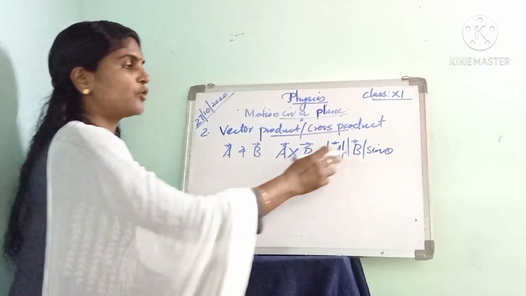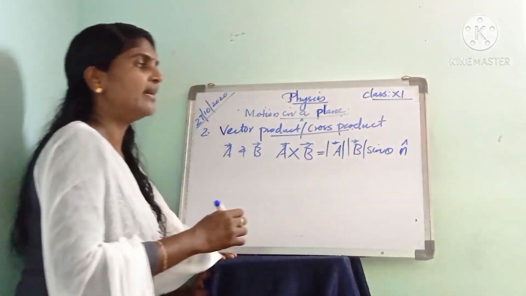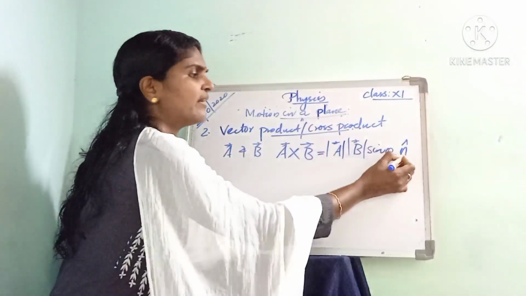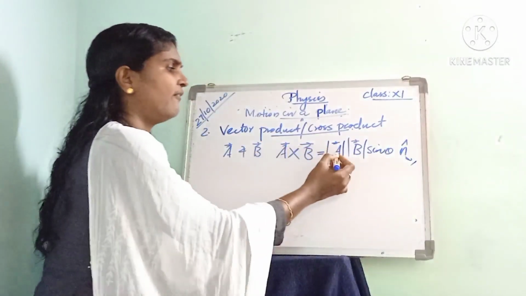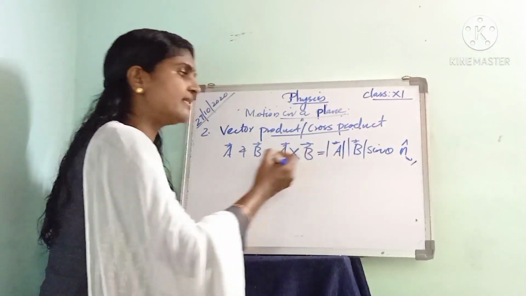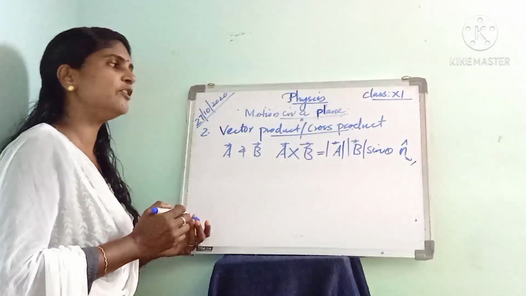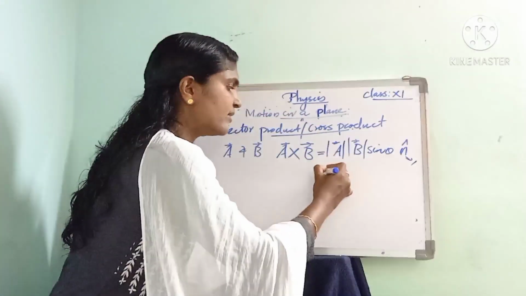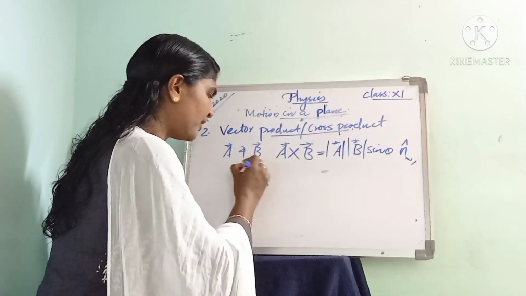So sine theta into n cap. Here n cap represents the unit vector, whose value is 1. So vector A cross B is equal to modulus of A into modulus of B into sine theta into n cap.